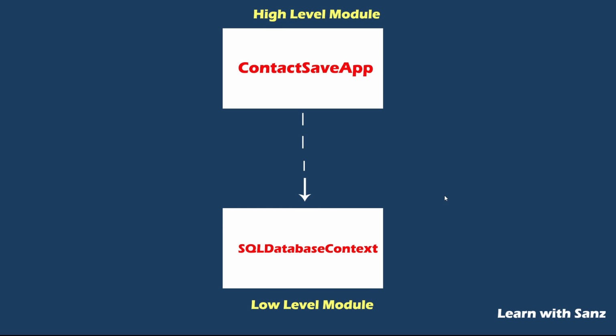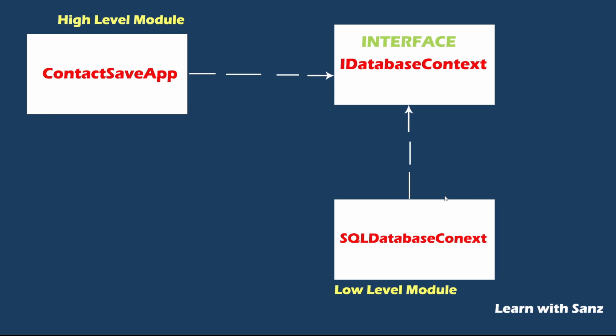But with the dependency inversion principle, we have introduced the new interface IDatabaseContext, and now this ContactSaveApp depends on the interface and not on the low level module SQLDatabaseContext. And even the SQLDatabaseContext now depends on this interface IDatabaseContext, which means both our high level and low level modules now depend on the interface.